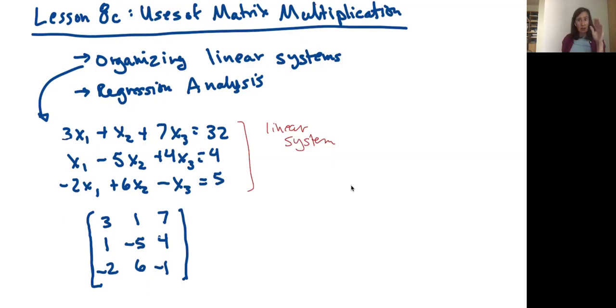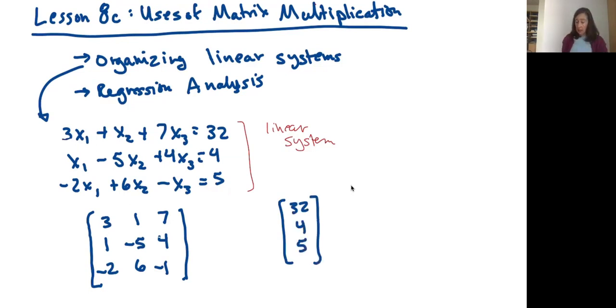The other thing that matters for this linear system, that might make it different from another one, is this set of constants here that aren't being multiplied by a variable. They're not a vector yet, but they are going to be right now. I'm going to put them in a vector here: 32, 4, 5.